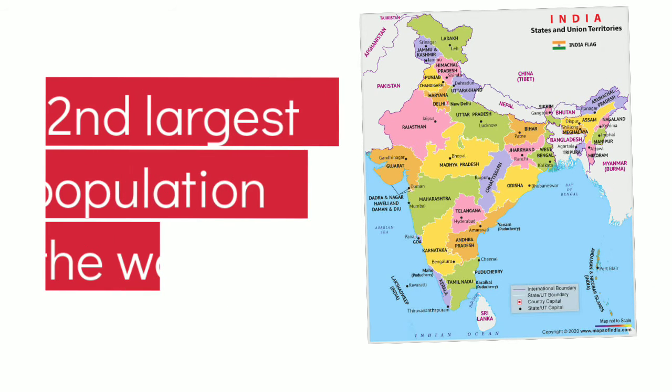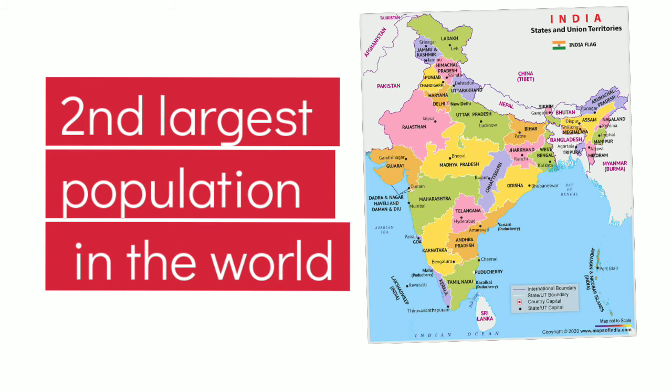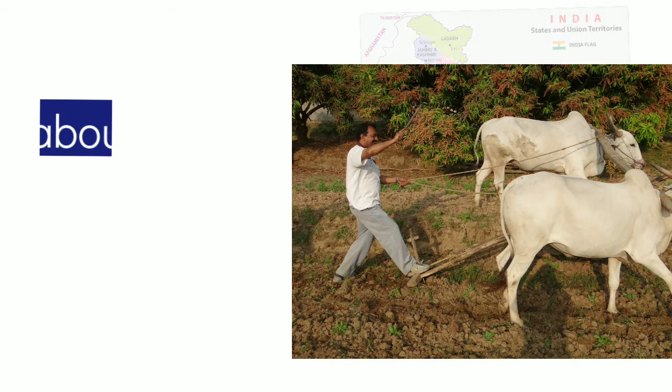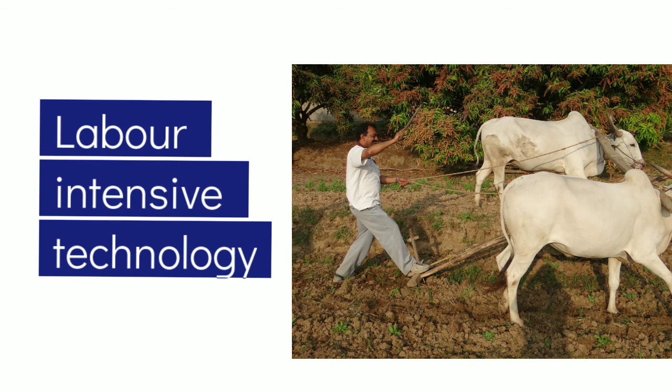So, depending on the resource availability, the economy chooses which technique to use. For example, since India has the second largest population in the world, it is safe for India to choose labor-intensive technology, especially in areas like the agricultural sector.